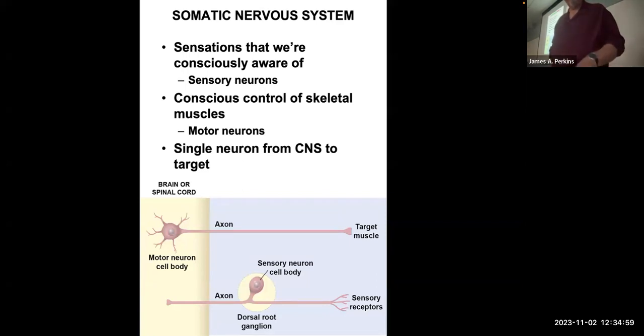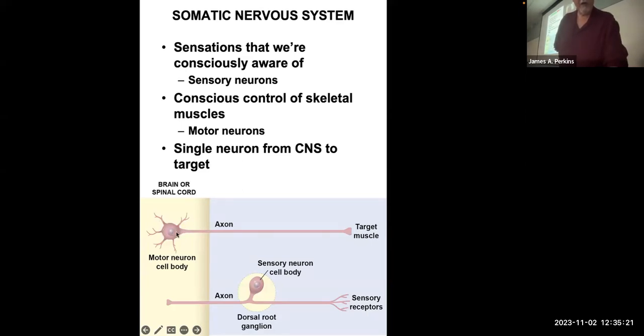One other feature of the somatic component of the nervous system is that all of these connections involve a single neuron chain. So if you look at the diagram at the bottom here, you'll see that the motor neurons have their cell bodies either in the brain or in the spinal cord, in the gray matter of the spinal cord.